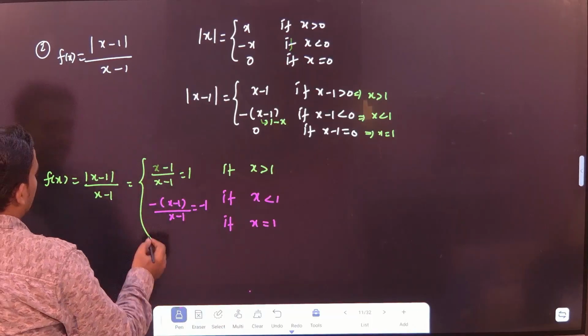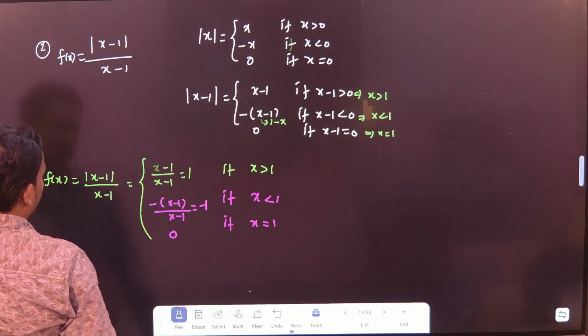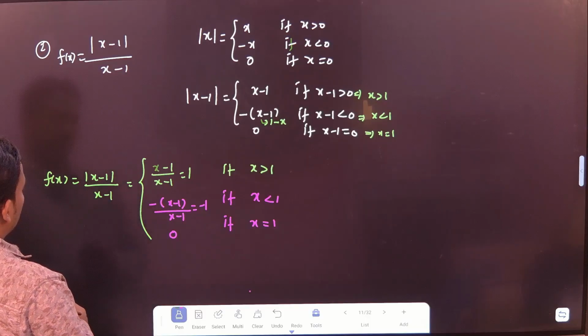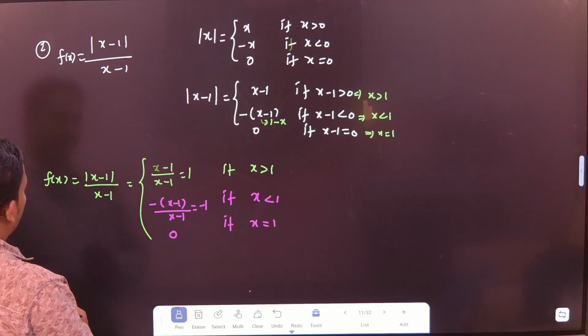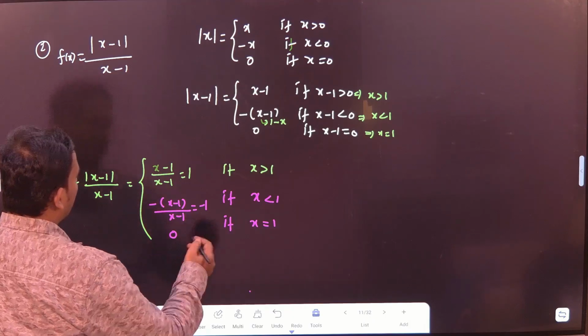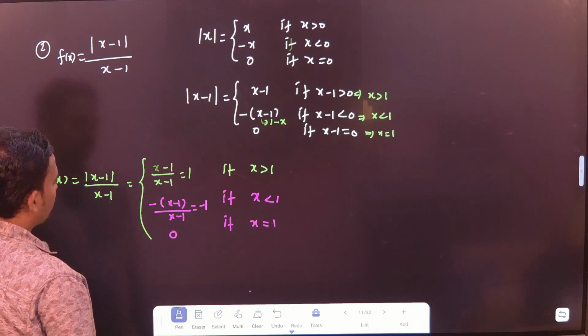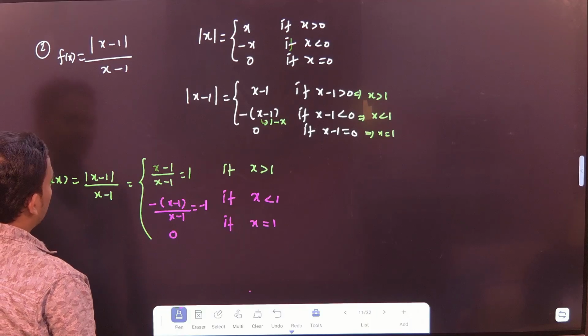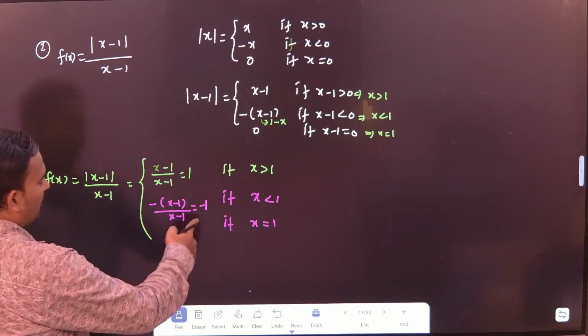In that case, it will be 0. Right? x equal to 1 means 0, right? So then how to define this function here?